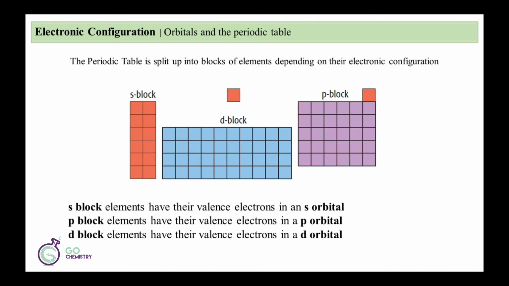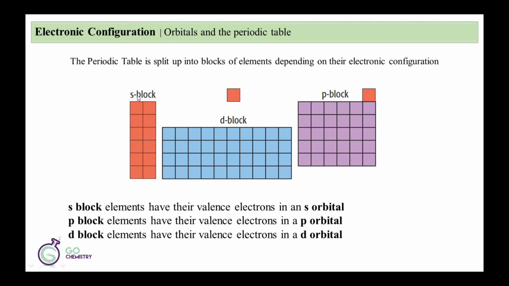As you can see here, the periodic table can be represented in blocks: the S block, the P block, and the D block. This means that depending on the electronic configuration of the element, we will find out its position in the periodic table. For the S block, the elements have their valence electrons in the s orbitals.